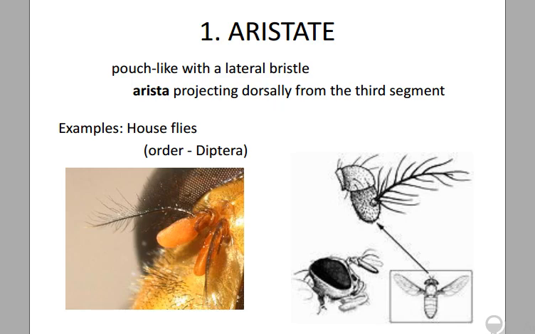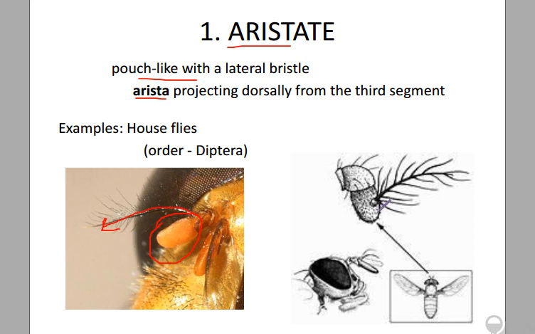The first type of modification in insect antennae is the aristate type. This is the aristate type of modification, pouch-like with lateral basals, in which an arista is present. Arista is a projection, and it is projected dorsally.